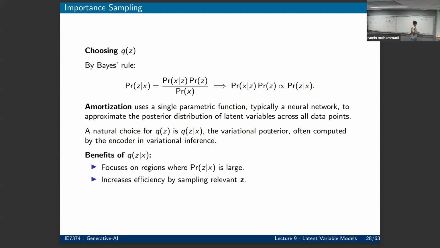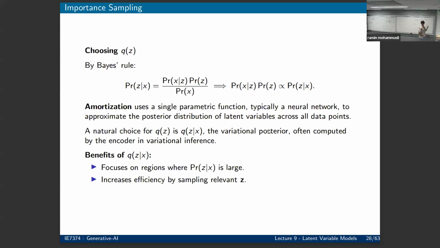Technically, this is kind of like the encoder, and this is the decoder. The encoder is the reverse: you get the x, and from x you get the z. The decoder is the other one: you have the z, and from z you get the x. So the posterior technically acts as the encoder, and this acts as the decoder.